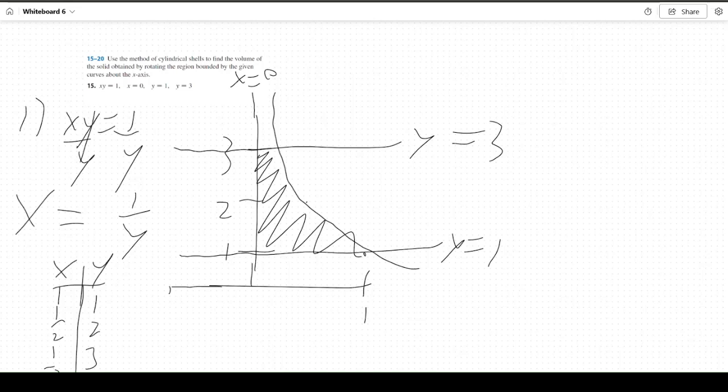So what we gotta do now is find our radius and height and thickness. So this is really simple. So now we have to make a rectangle, but since it tells us we have to find it in terms of the x-axis, we have to make a rectangle by the x-axis.